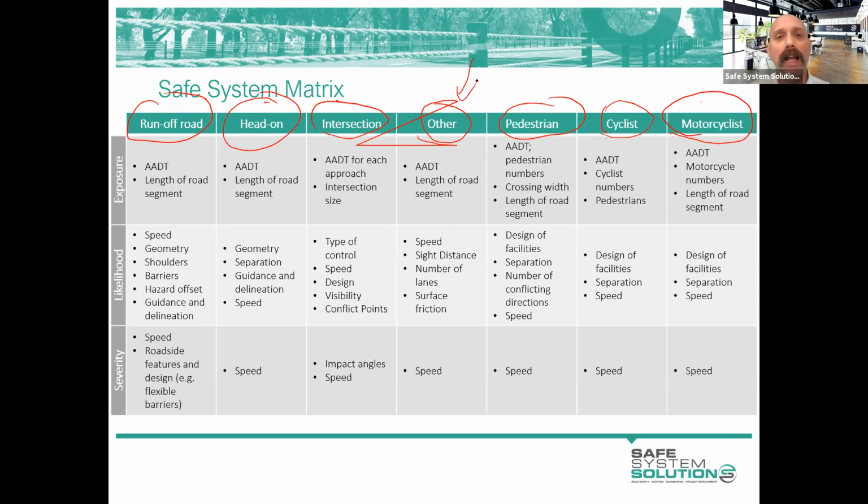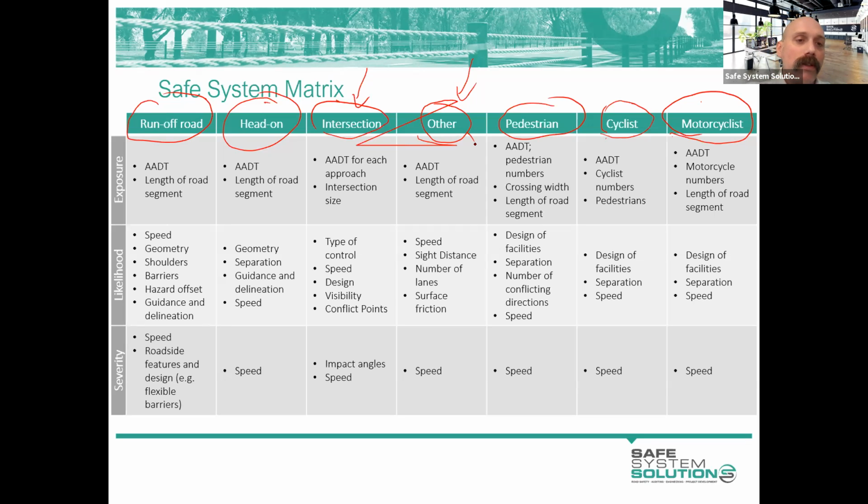A rear end crash at a set of traffic signals would be categorized in the intersection category. However, for a mid-block pedestrian operated signal or a wombat crossing or the like, the rear end would be in the other category. So you need to make that judgment call.